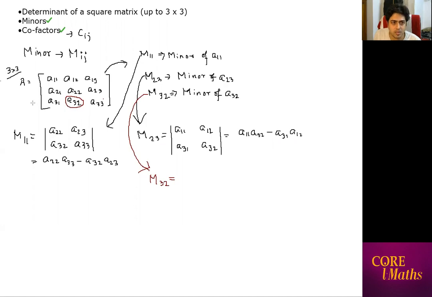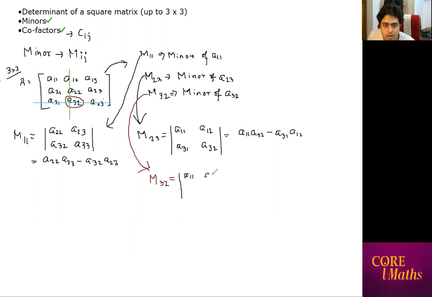Just omit the third row and then omit the second column. What are the remaining elements? Write the remaining elements and find the determinant value.